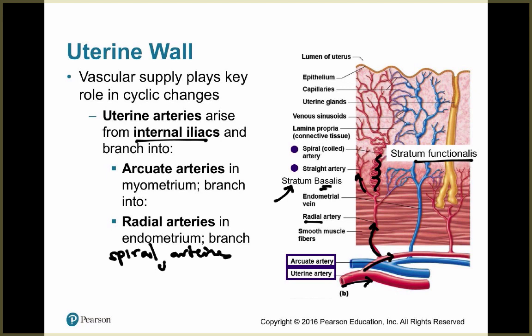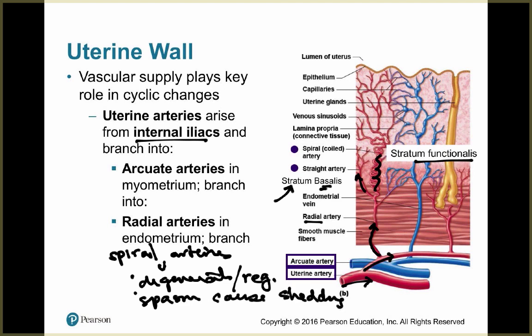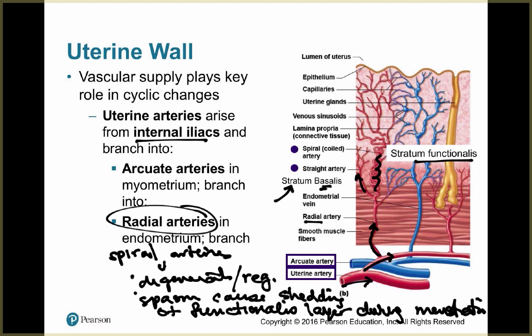But these spiral arteries are important because they degenerate and regenerate. And their spasms are what cause shedding of the functionalis layer during menstruation. Kind of cool, isn't it? So these are extremely important.